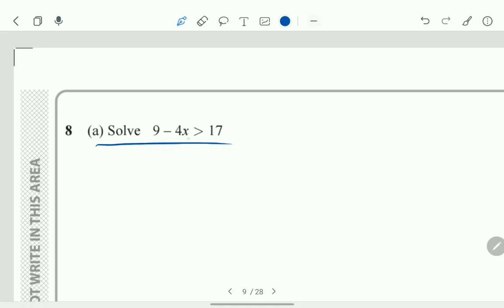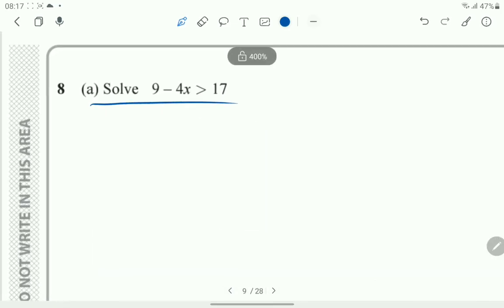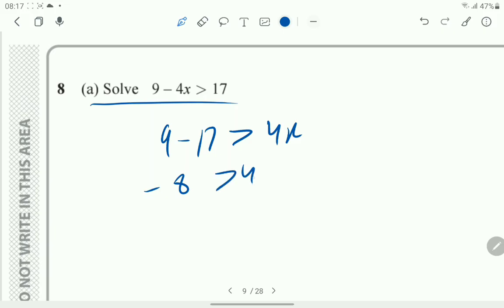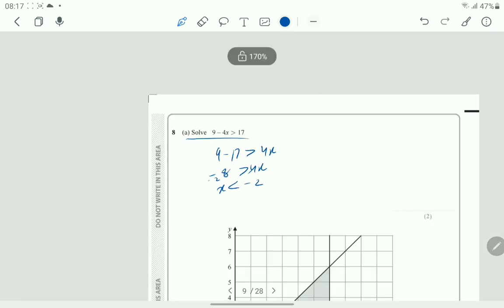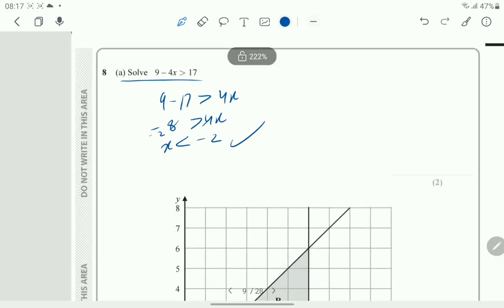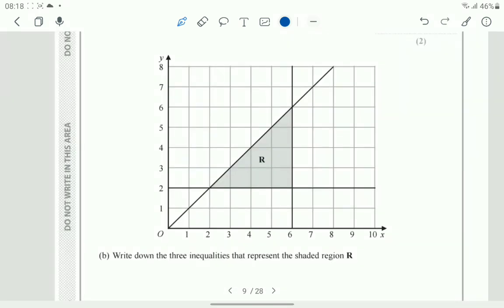8a asks us to solve this inequality, so it would be 9 minus 17, 4x minus 8, 4x, x would be less than minus 2, this cancels. So we have a graph with a shaded region.